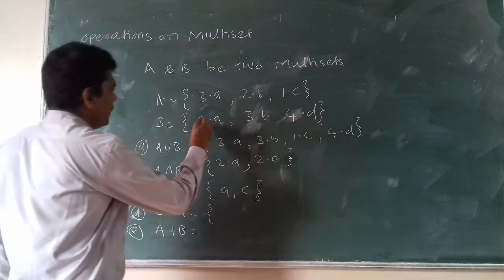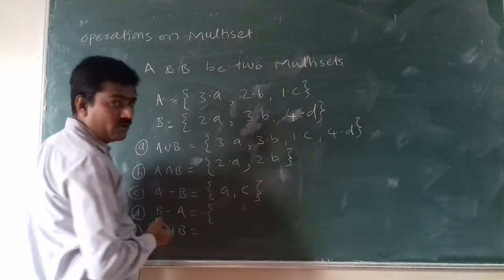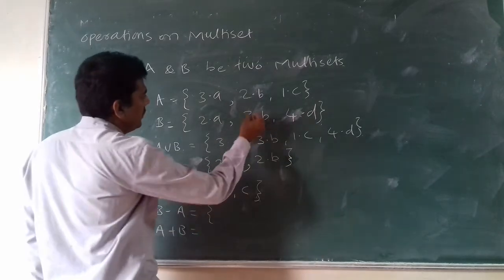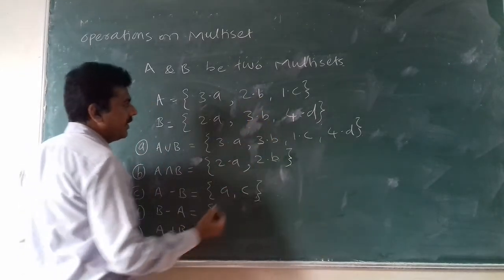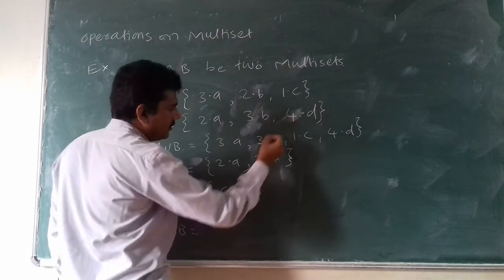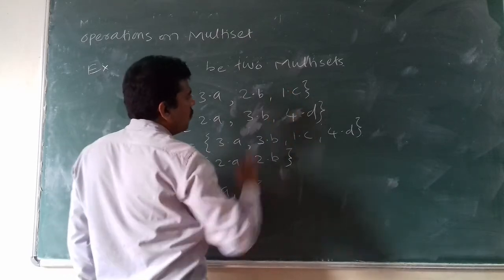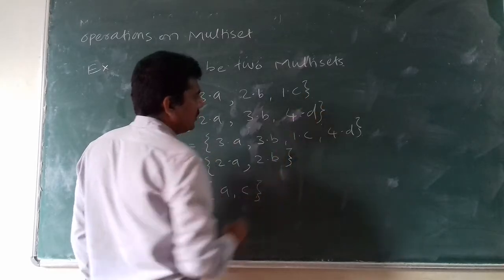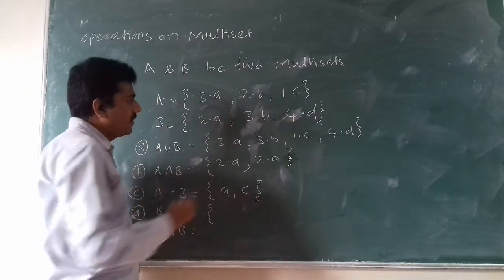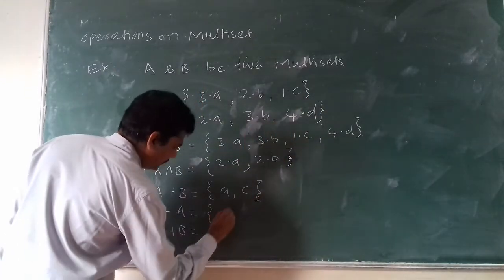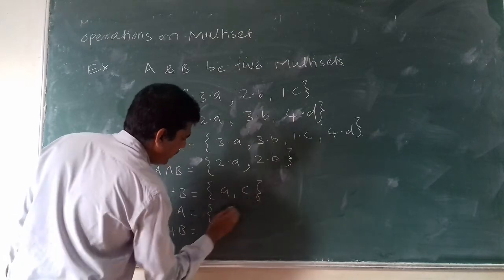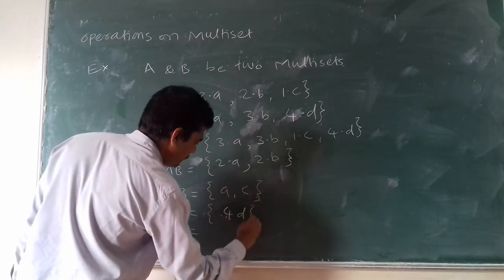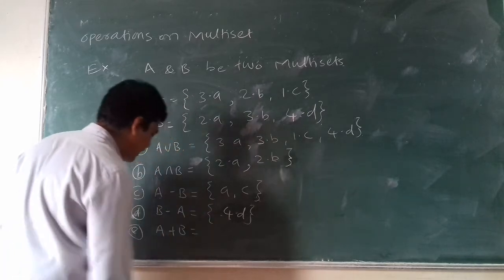Next B minus A: 2 minus 3 is negative; 3 minus 2 is 1b; 0 minus 1 for c is negative; 4d minus 0d, so that result is 4d. You can write 4 into d. This is B minus A.